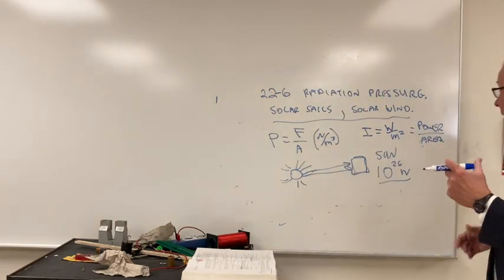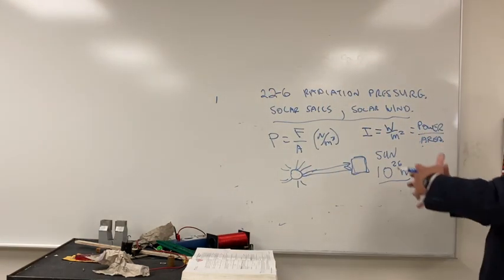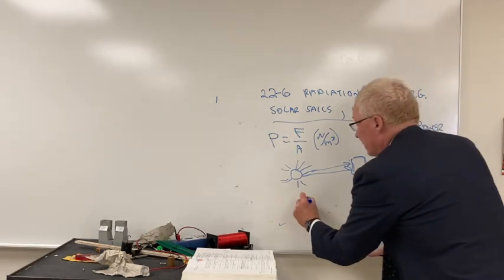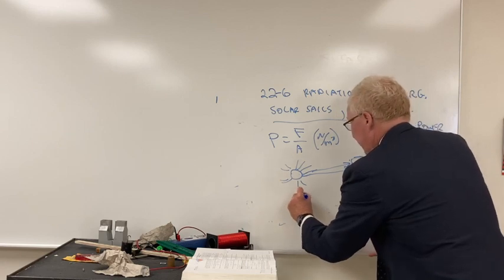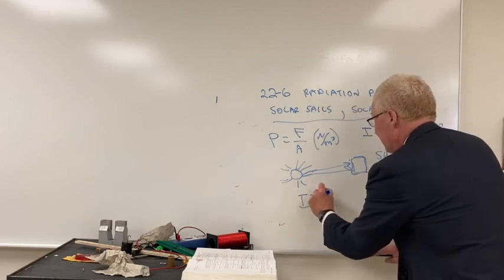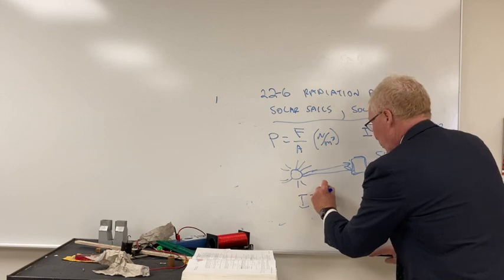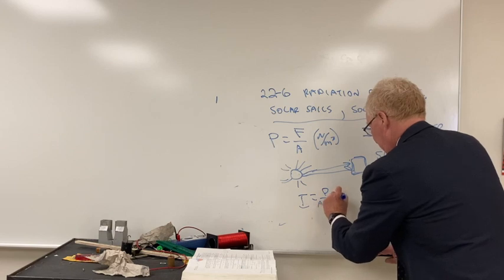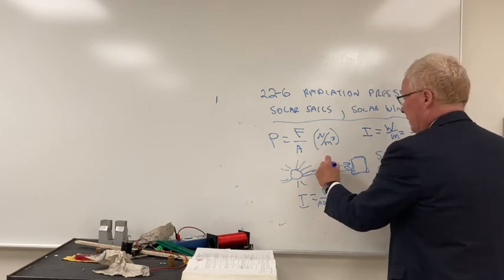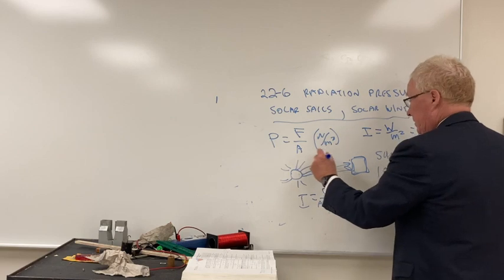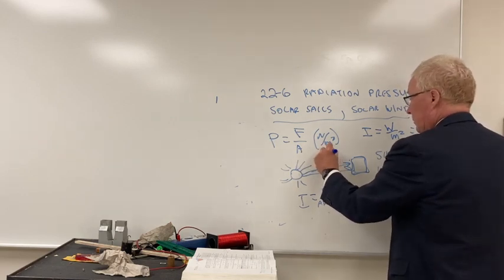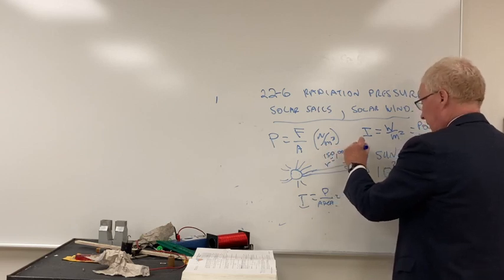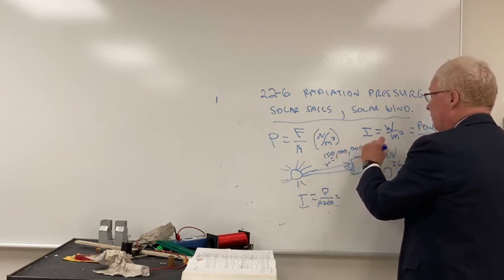So, based on that, at the Earth's surface, the intensity is given by the power over the area, and the distance from the Earth to the Sun is approximately 150 million kilometers or 150 billion meters.